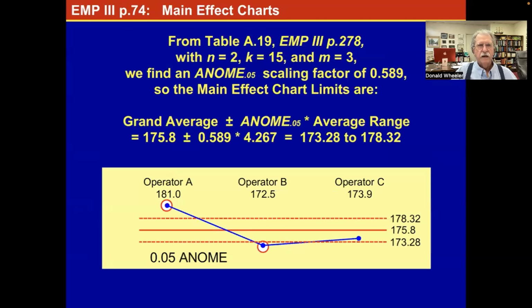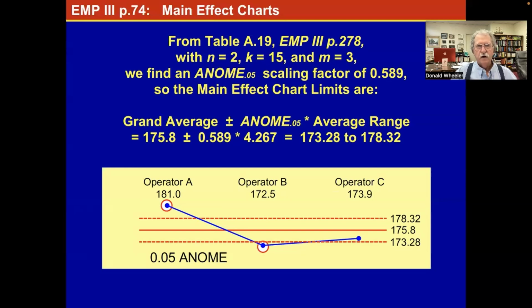From table A19, page 278, with original subgroup size 2, an original number of subgroups 15, and for comparing 3 operator averages, we find an ANOME 5% scaling factor of 0.589.